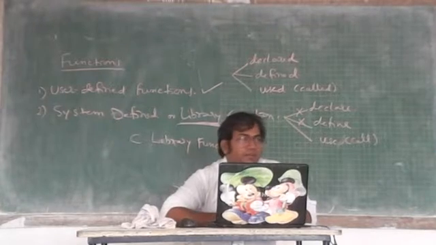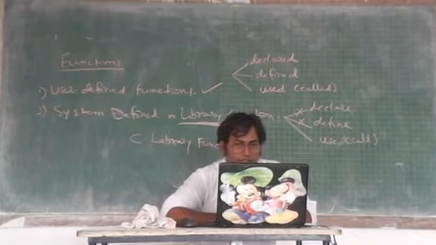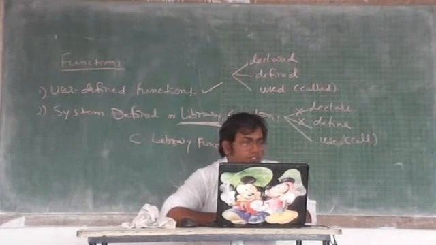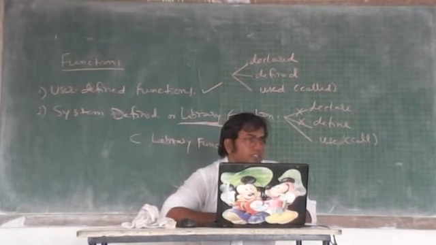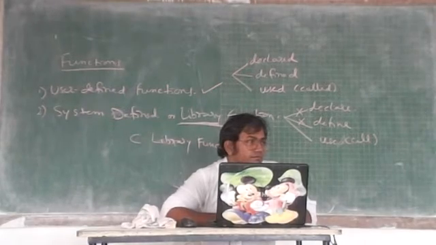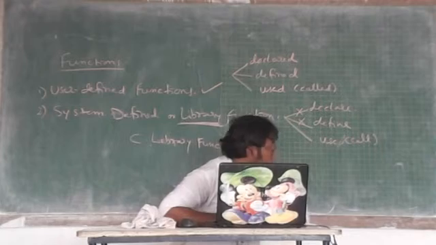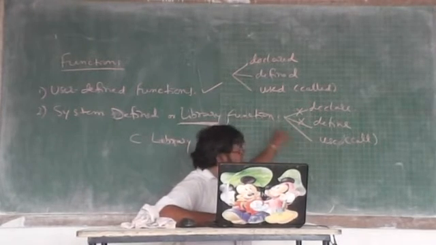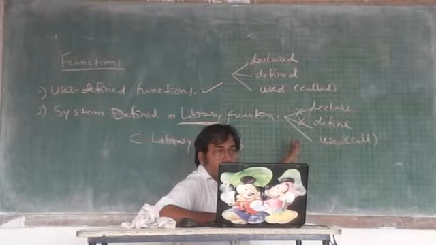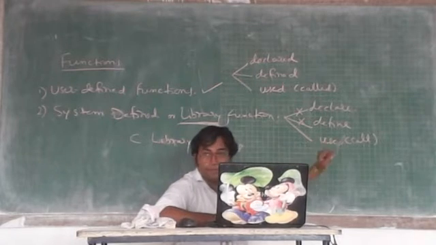I told you that library functions are written by the compiler writers, but where are they? Can you see those files where the compiler writer wrote the functions? I told you that C library functions are not required to be declared or defined by the user. They can directly use them.